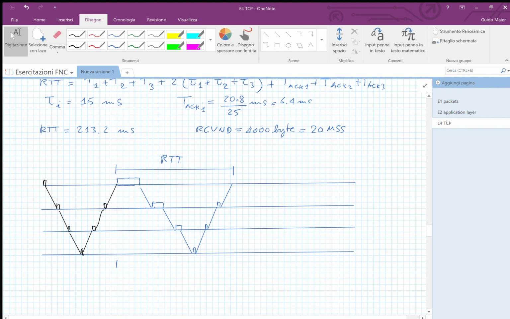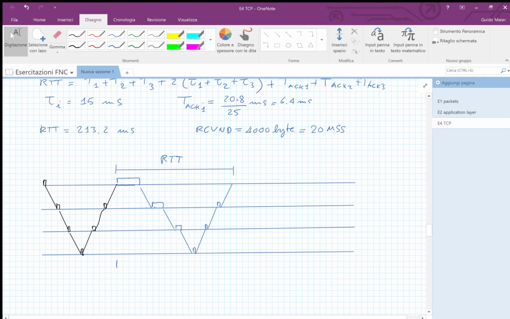It's set to the minimum between the congestion window and the receive window.